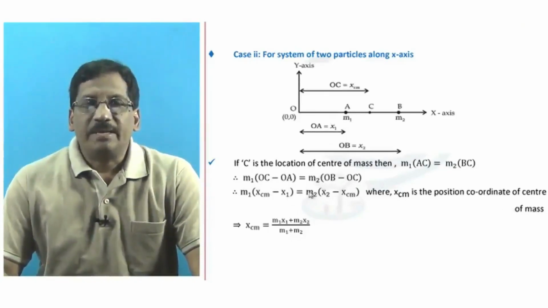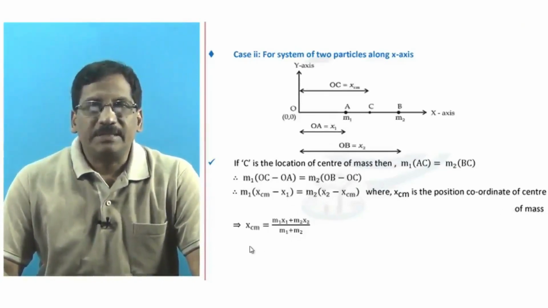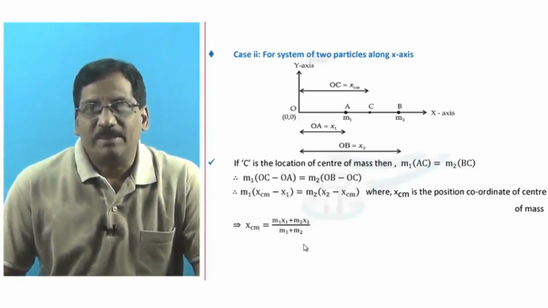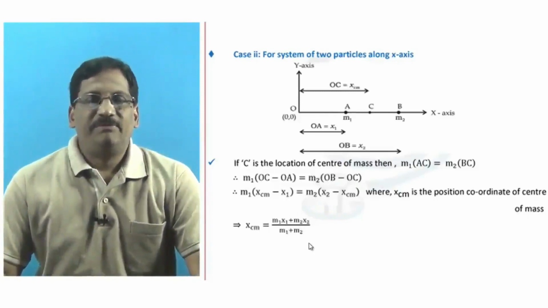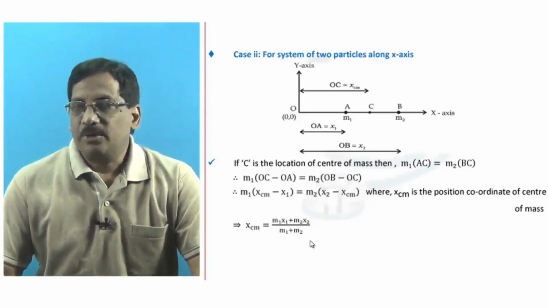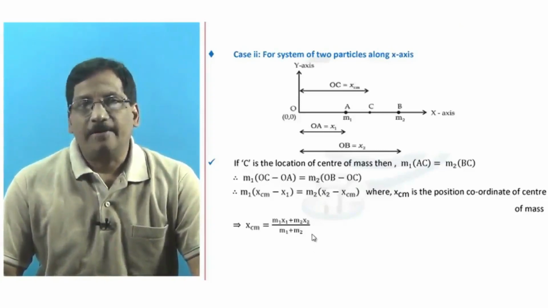So now by rearranging this expression, we get xcm as m1 x1 plus m2 x2 by m1 plus m2. A very useful beginning.